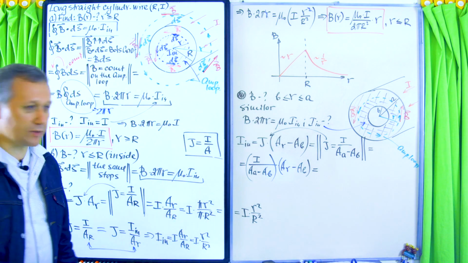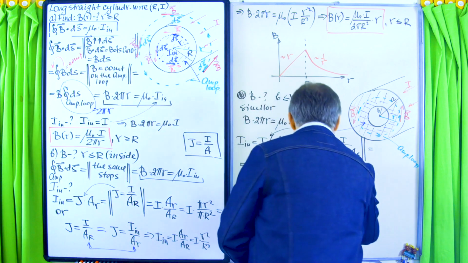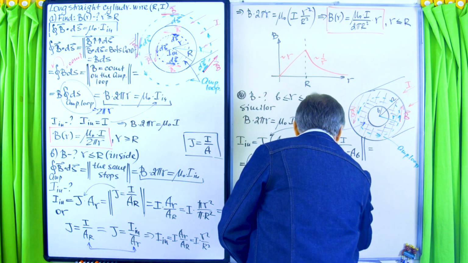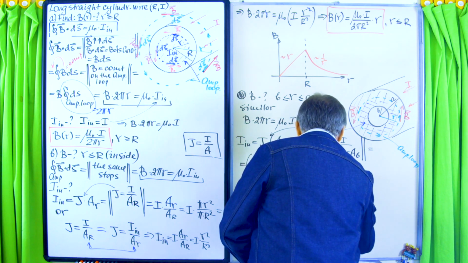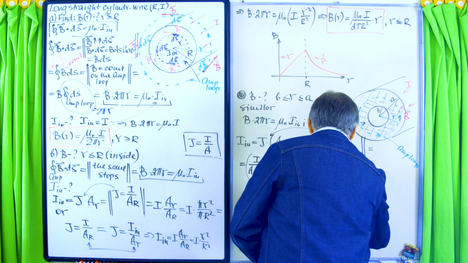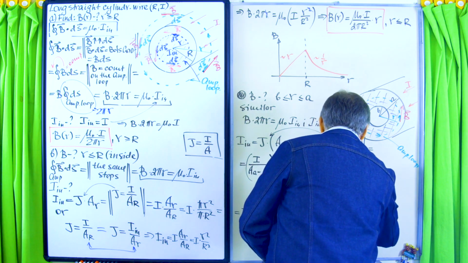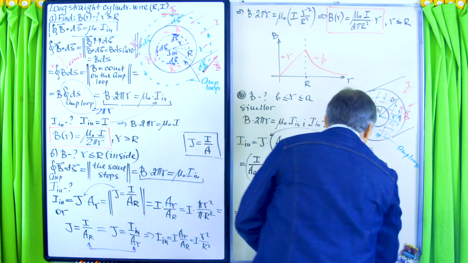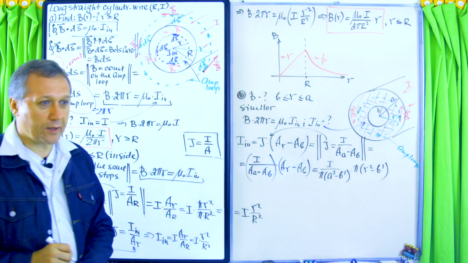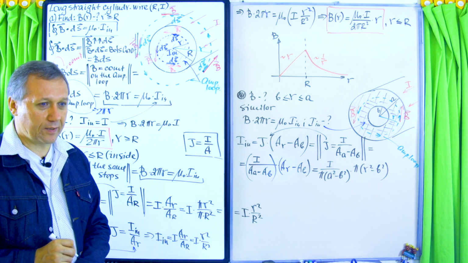Now let's write explicitly all those pi r squared. So it will be I divided by, and I will factor out pi immediately, a squared minus b squared, and here pi times r squared minus b squared. So pi gets cancelled.